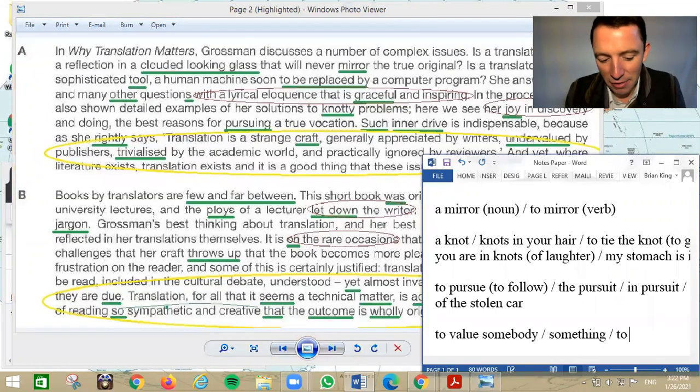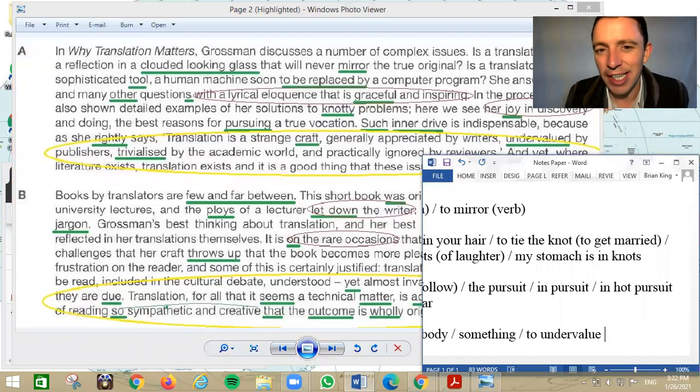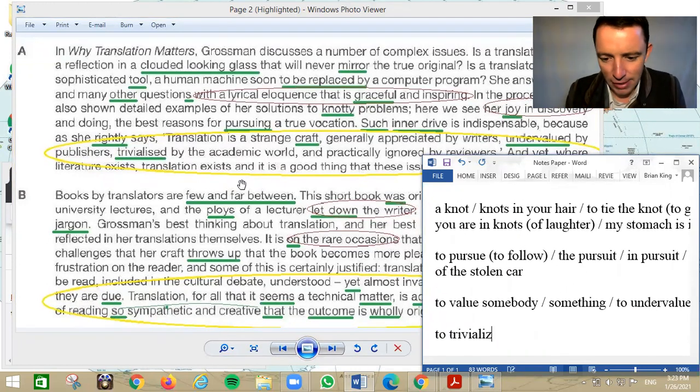And then the negative is to undervalue. Similar to underappreciate, practically the same, to underappreciate, to undervalue. Very, very good vocabulary. And here, undervalued by publishers, trivialized, is to make something a little bit small and to make something not important. So to trivialize something is to make something very small or to make it not important, okay? The verb is to trivialize.